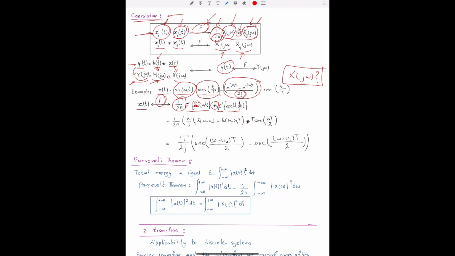Now the Fourier transform of a complex exponential, we know that we can write it as 2 pi multiplied by delta of omega minus omega naught, and then when we divide it by 2j, we'll have pi over j, delta of omega minus omega naught minus delta of omega plus omega naught for sine of omega naught t. And then the Fourier transform of the rectangular of t divided by capital T would be a sinc function, capital T multiplied by sinc of omega T divided by 2, which we know from before. And then the whole thing divided by 2 pi.